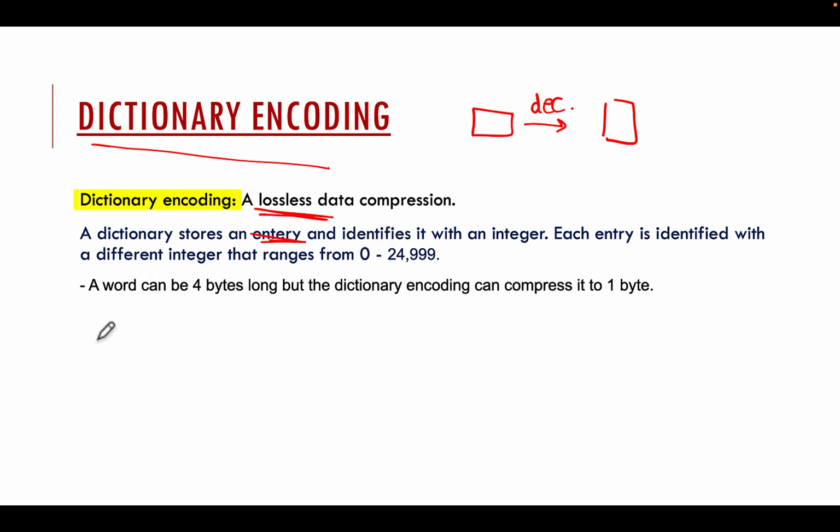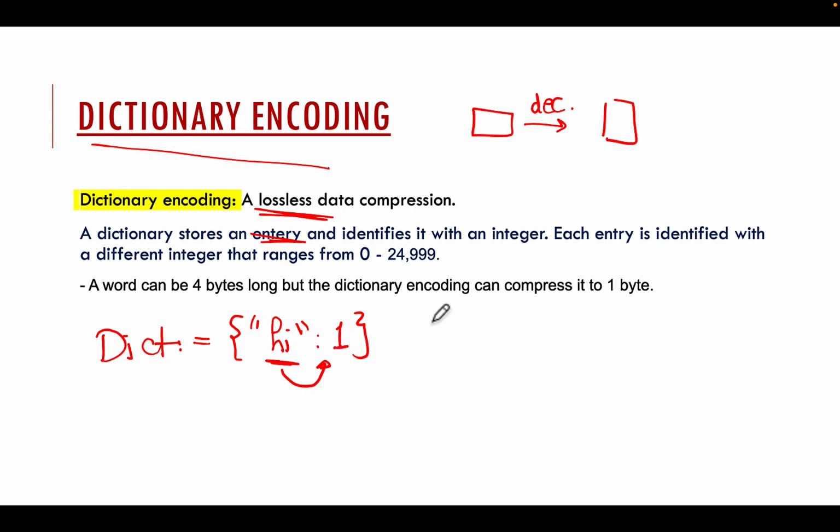For example, if you have a dictionary, let's call it dict, and it includes the value high, we will refer to it as 1. So now we have high as an entry. It's referred to as 1 inside the dictionary.